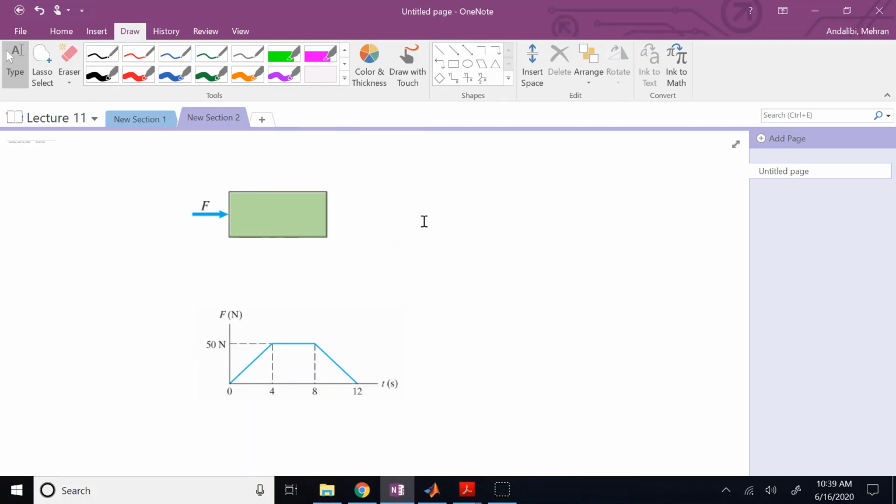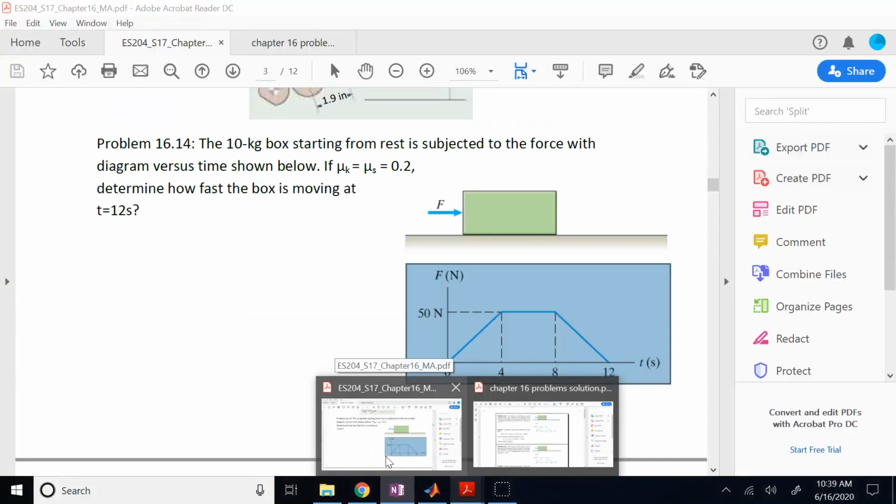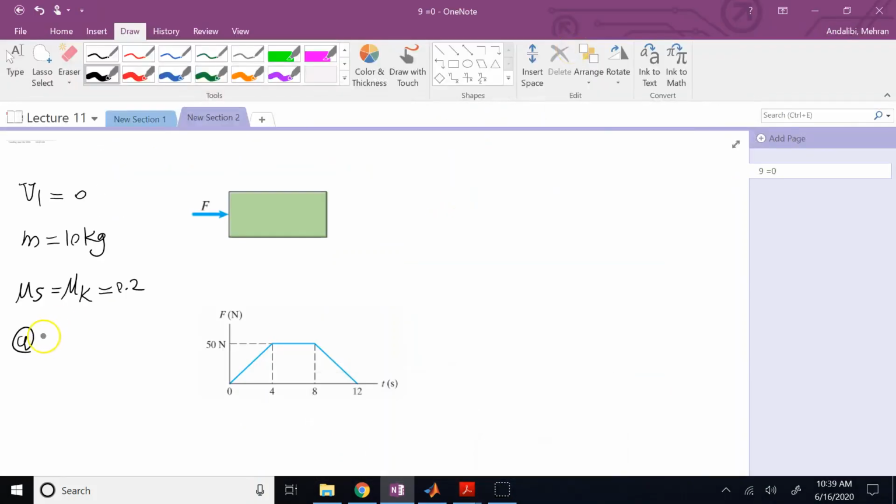And then write down what we have and what we don't. So velocity 1 in magnitude is 0. The mass of the box is 10 kilogram. Mu s is the same as mu k, and it is 0.2. And we want to know after, I guess it was 12 seconds, right? After 12 seconds, what is the velocity?